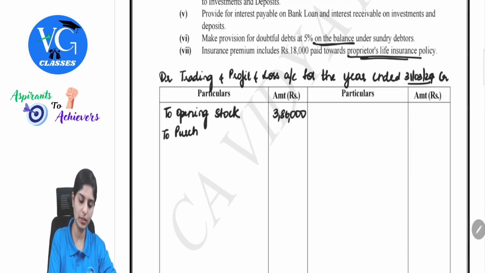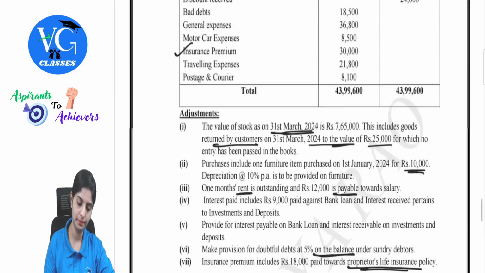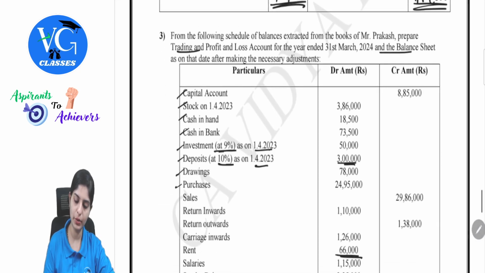To purchases. Like I explained earlier, if there could be any returns, we might not be aware of that. So it is always better to write it in the inner column. Then we have sales 29 lakh 86,000.